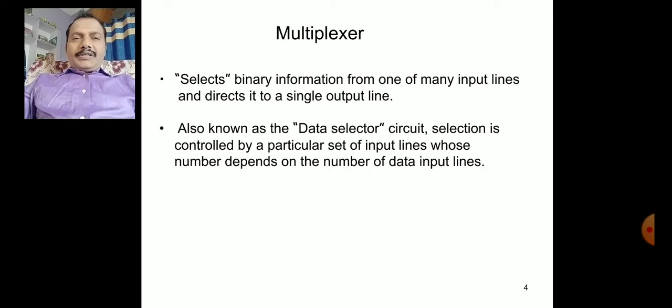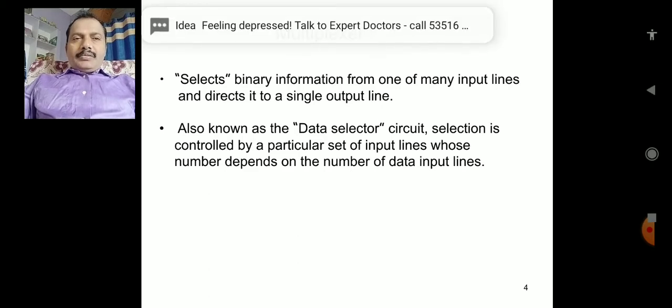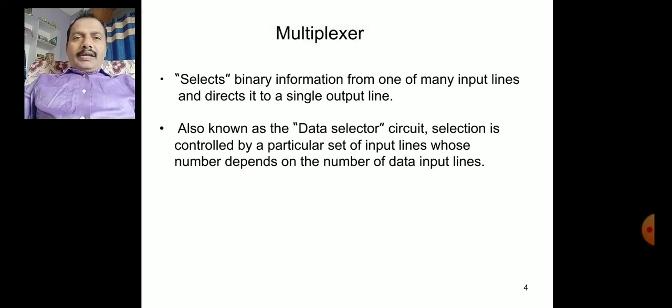Its selection is controlled by a particular set of input lines whose number depends on the number of data input lines. So these selection lines are called control lines. Based upon this, a particular data input is selected.